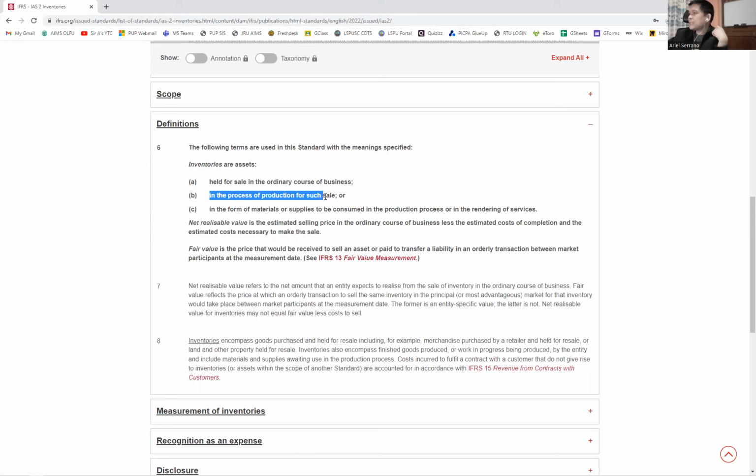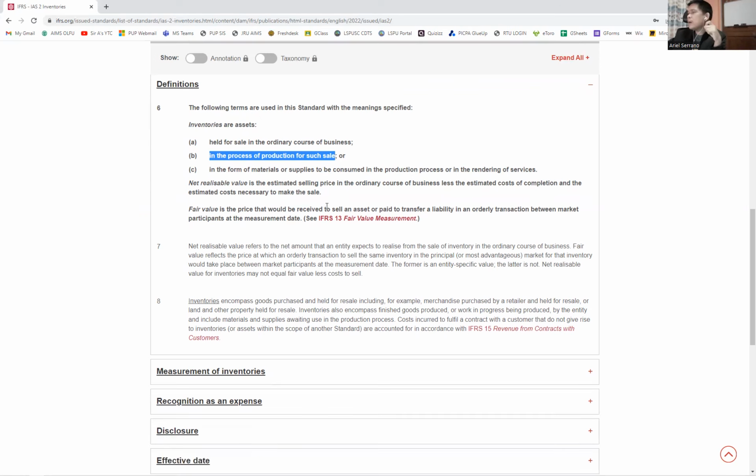In the process of production for such sale, whether gawa na or hindi pa gawa. Pag gawa na po siya, that is your finished goods. Ito yung tinatawag natin dito na finished goods produced. Kung hindi pa siya gawa, in the process of production, okay, that is your work in progress being produced.